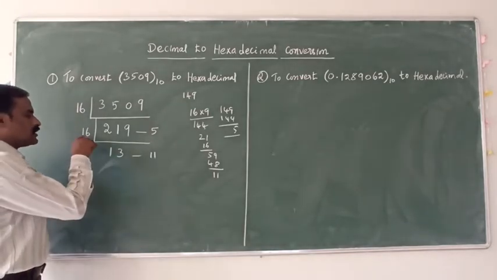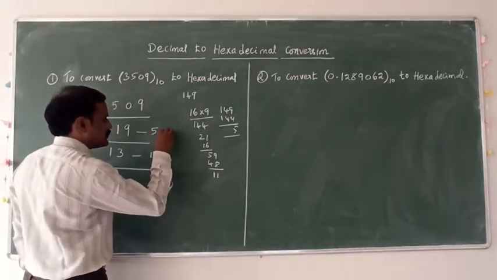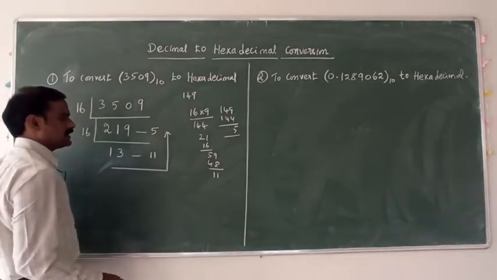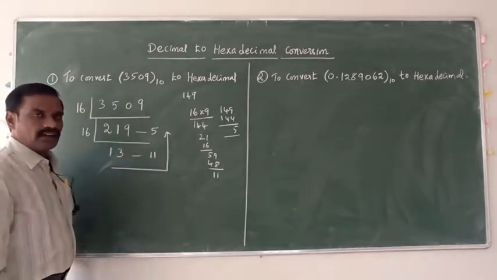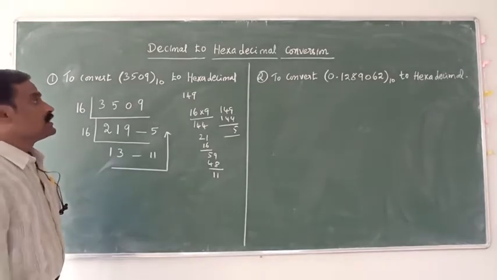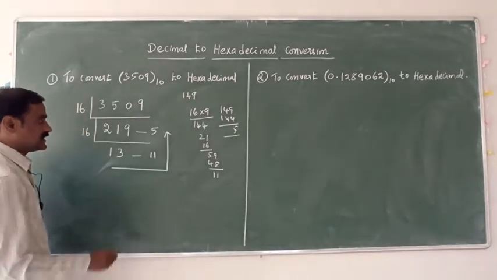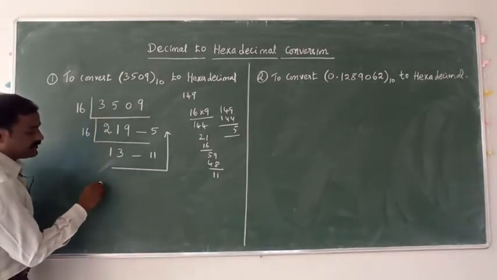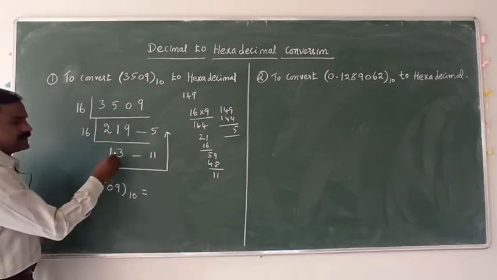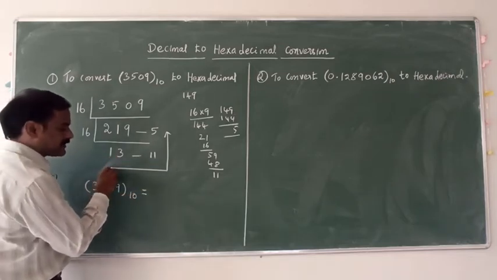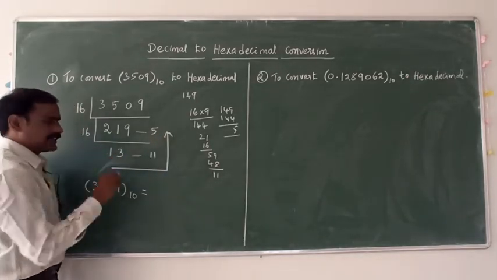13 we cannot divide further, so we write the result from down to top. The result is 13, 11 and 5 in decimal format. To write the corresponding hexadecimal values: 3509 base 10 equals, writing from this direction, first 13.